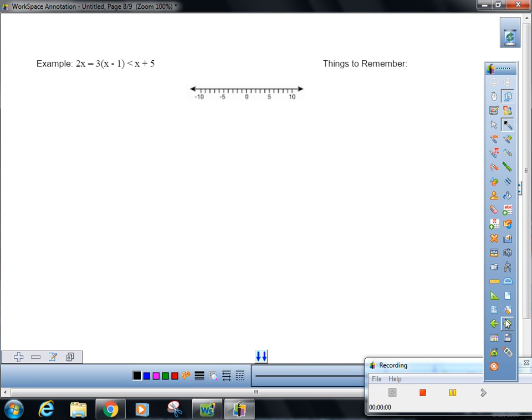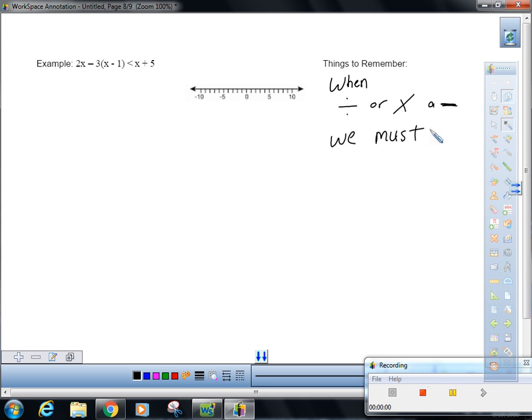Okay, so some things to remember here. When dividing by or multiplying by a negative, we must switch the sign. Okay?